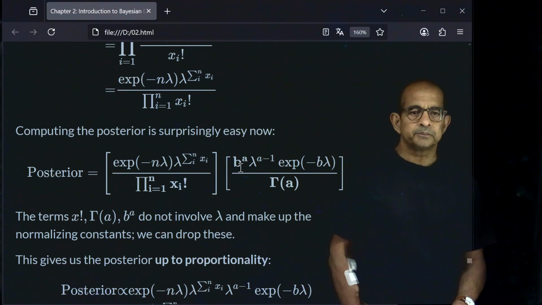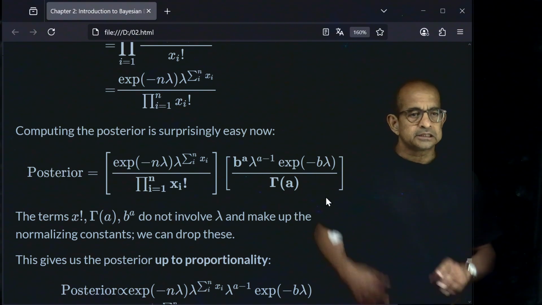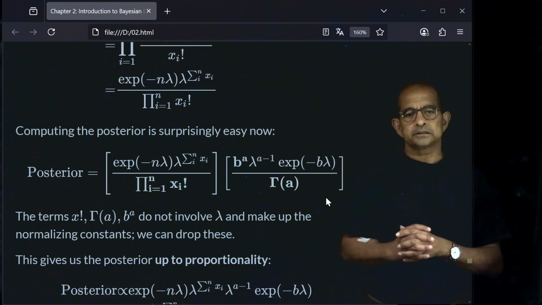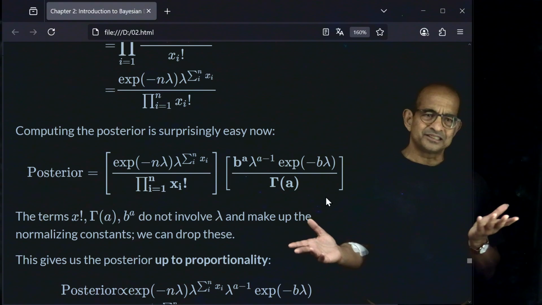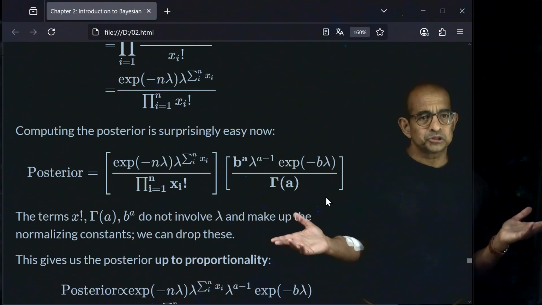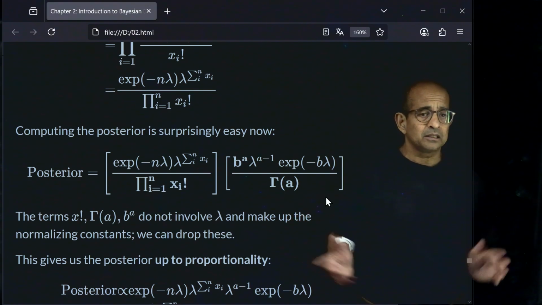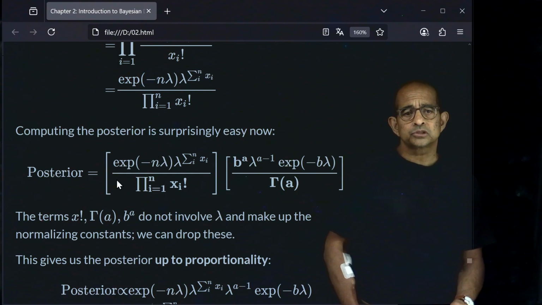Okay, all right, so let's do this multiplication. This is what I was talking about at the start of the lecture. When you look at this equation, it looks intractable. One doesn't really know what to do with it. It seems really complicated, but actually what's going on is that there is an exponential term here, and there's another exponential term here.